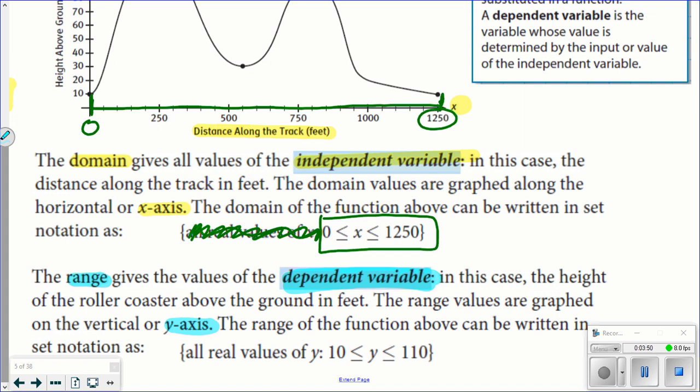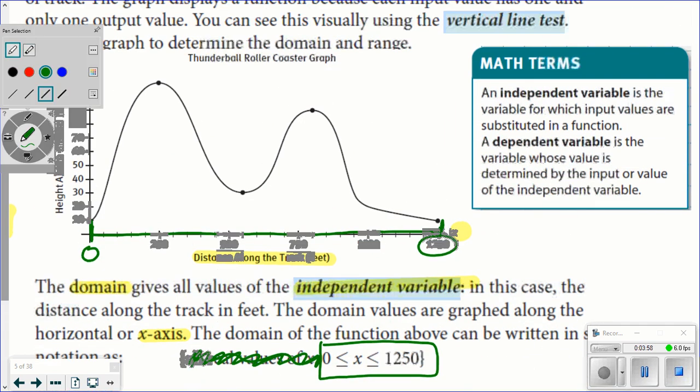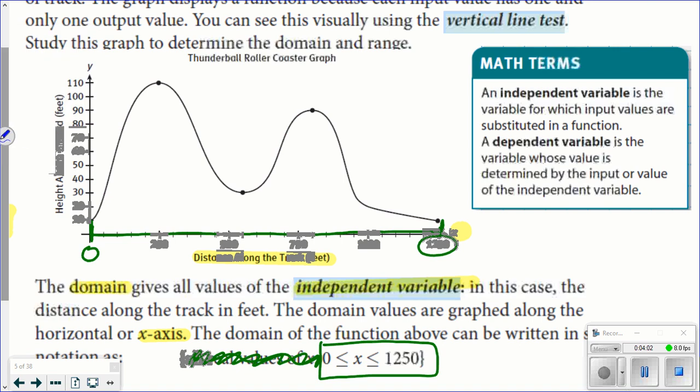Okay, so we're going to look up and down vertically. So if I go up to my graph here, we're going to look low to high. So my graph starts down here at 10, and it goes all the way up to right here, which is 110. So those are my range values.